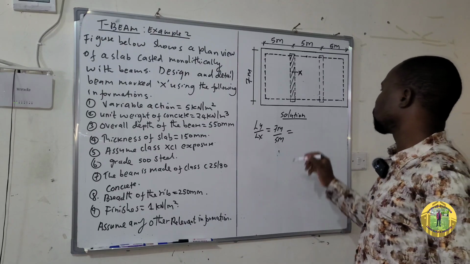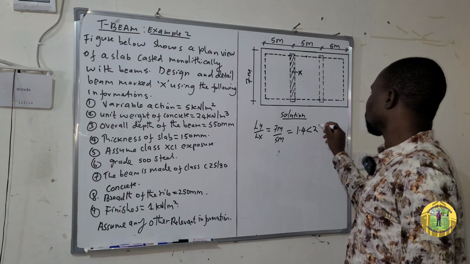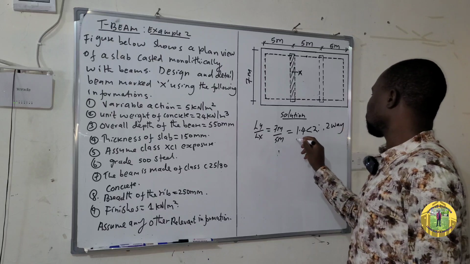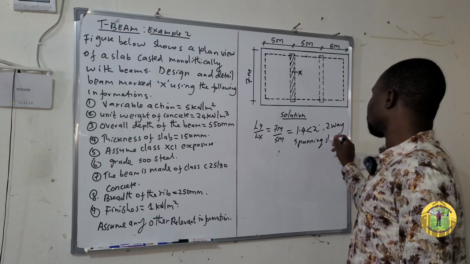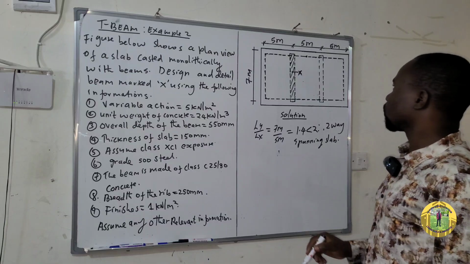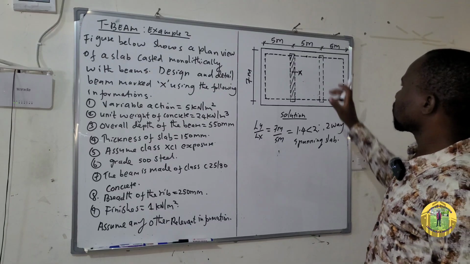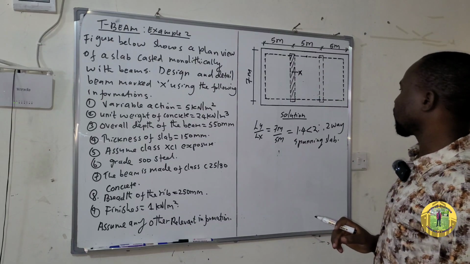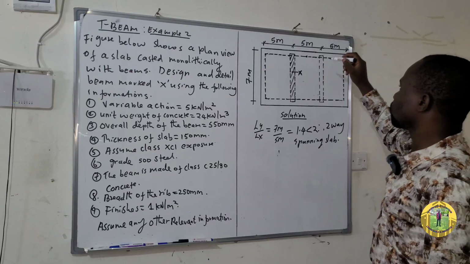So this is 1.4, which is less than 2. Therefore, two-way spanning slab. So for such a case, the load at this slab and this slab is distributed at 45 degrees. So let's draw the load distribution paths.